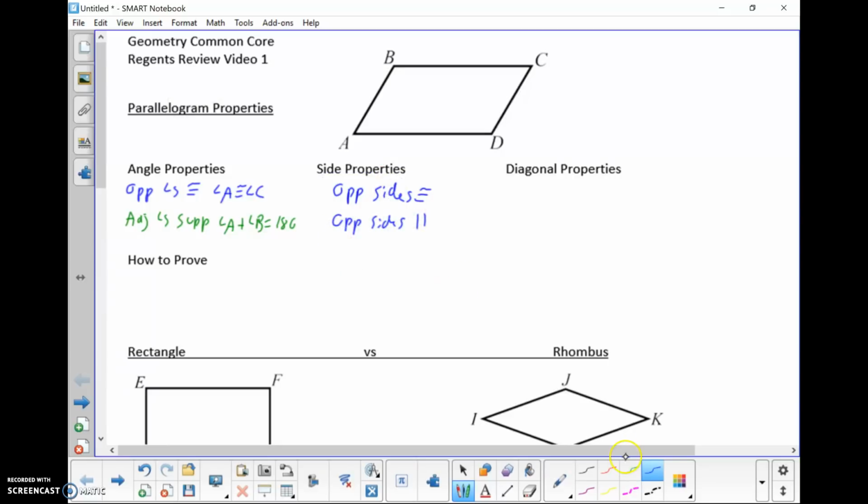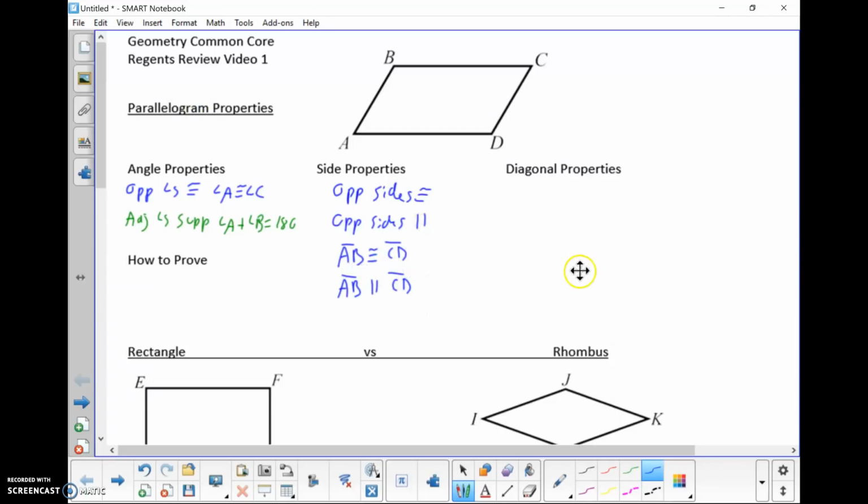Both are used in proofs where you would say opposite sides of a parallelogram are congruent to say two things are congruent, like AB congruent to CD, or in a proof, you can say AB is parallel to CD. The parallel may come involved if you wanted to prove, say, alternate interior angles, that type of thing. I'll get to the diagonals in a minute. So we could also say AB is parallel to CD because opposite sides are parallel.